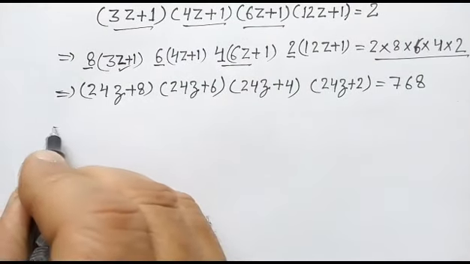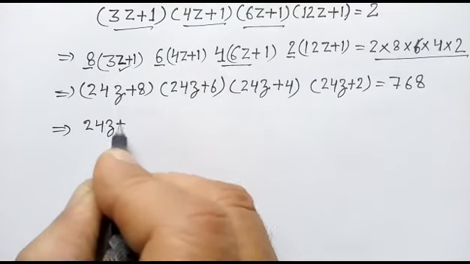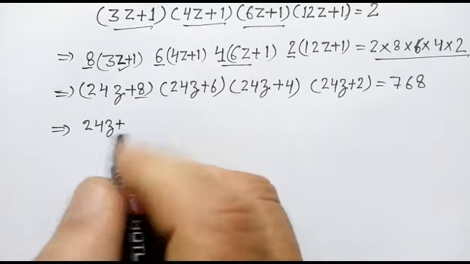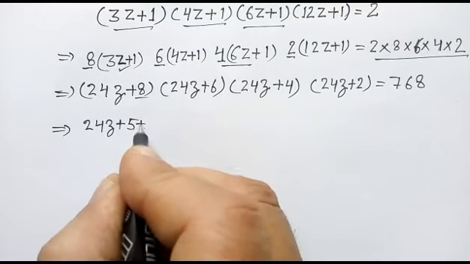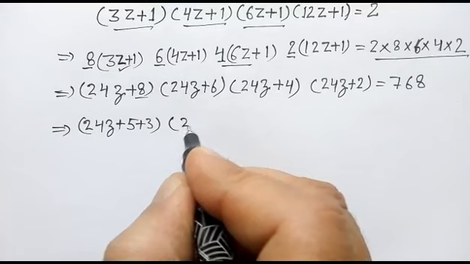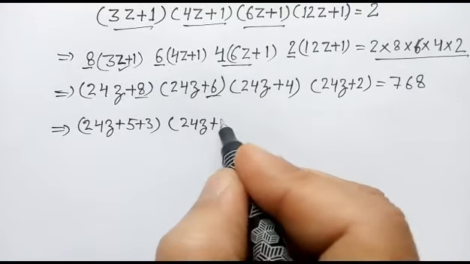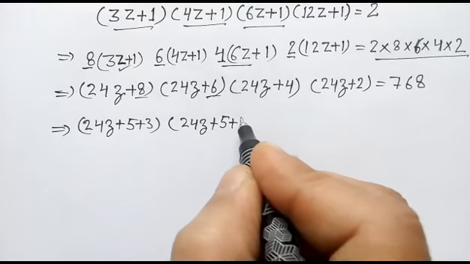So in the next step, 24z plus 8 can be written as 5 plus 3, and here 24z plus 6 as 5 plus 1.